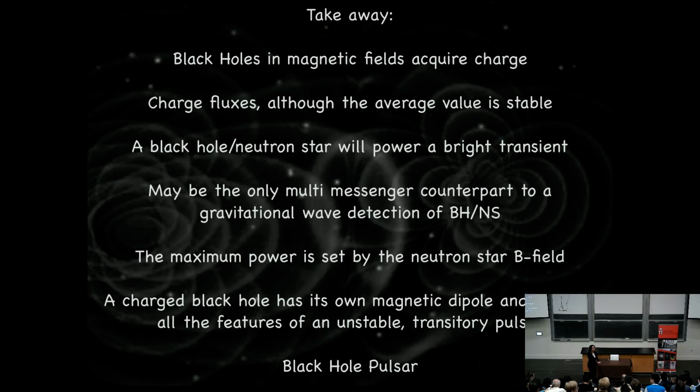But what would really matter is its fall off, how quickly it falls off with distance from the neutron star. Because that's what makes it very weak when you're only a few hundred Schwarzschild radii away. That still suppresses the magnetic field the black hole's feeling by quite a lot. So the only thing that would be super relevant for us would be the fall off rate, if that was more gradual.